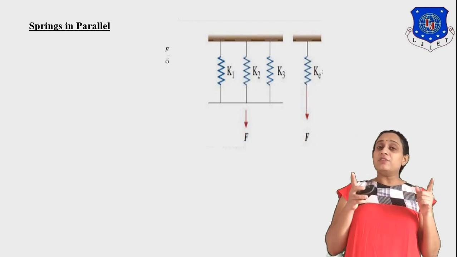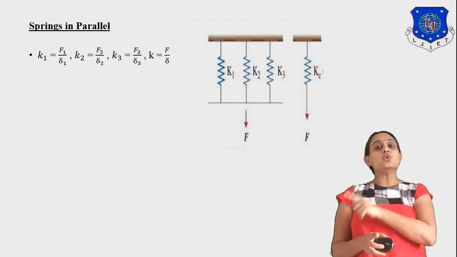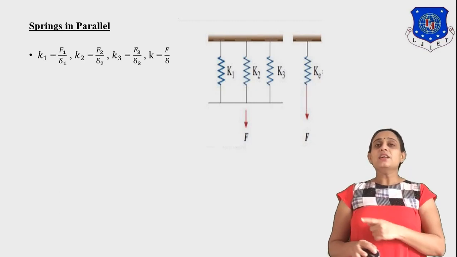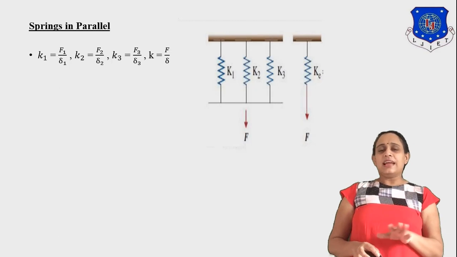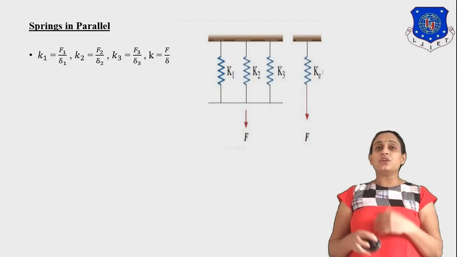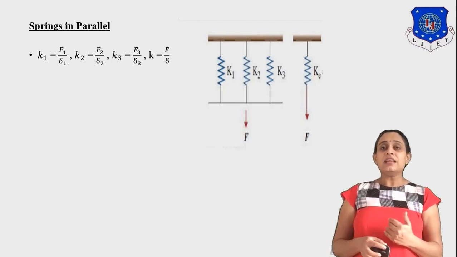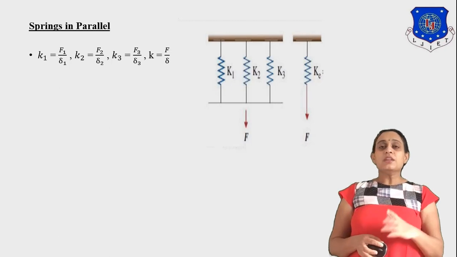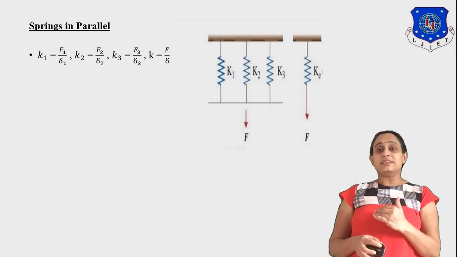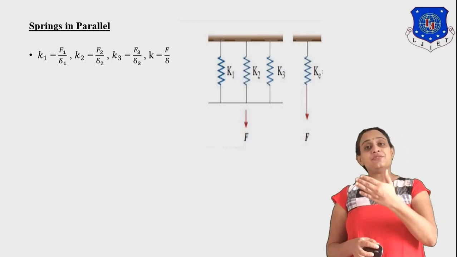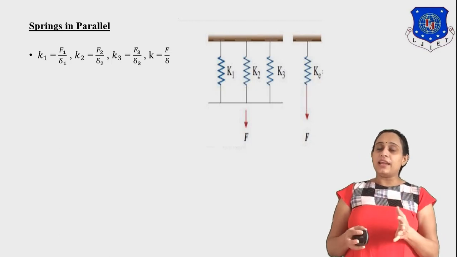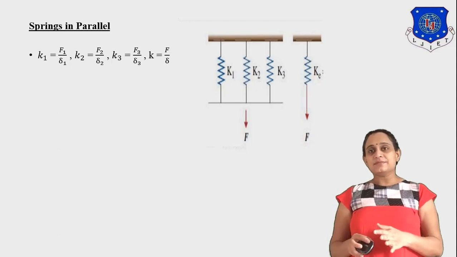It means we have to reduce our 3 springs into a single spring. Clear? As we all know, the equation of stiffness: K1 is F1 by delta 1, K2 is F2 by delta 2, K3 is F3 by delta 3, and K is F by delta.